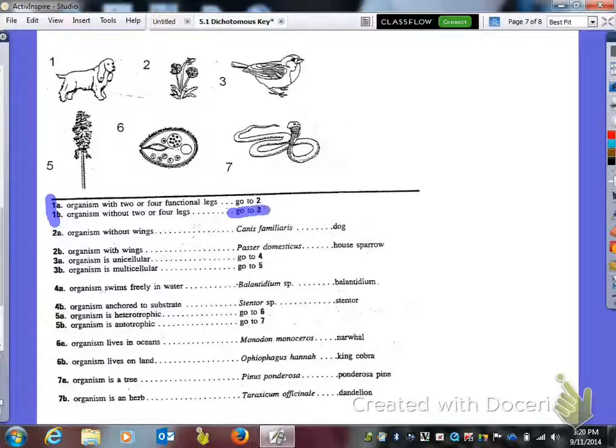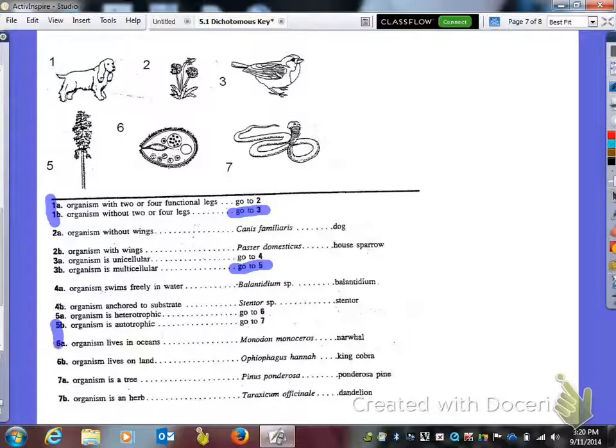That's correct. So then it tells us to go to number 3. Now we go to number 3, and it says organism is unicellular, which means single-celled, or 3B, organism is multicellular. Okay, our organism is definitely multicellular, which means it has more than one cell. Then we have to go to number 5.